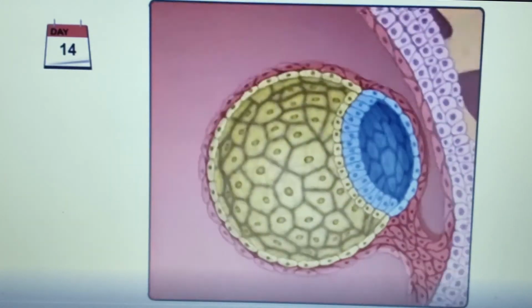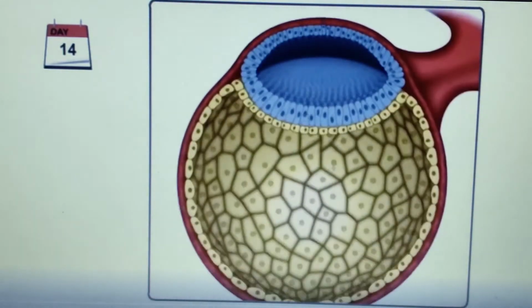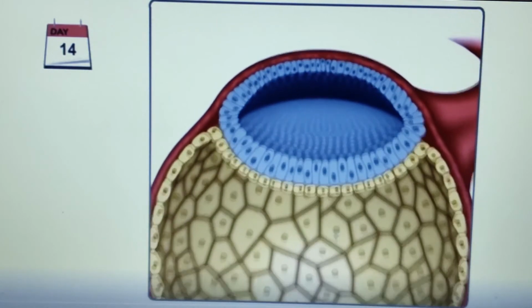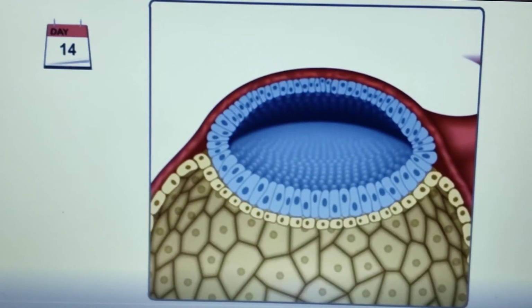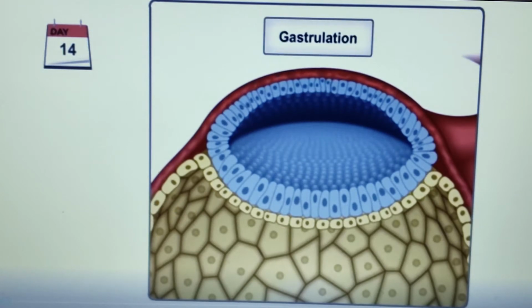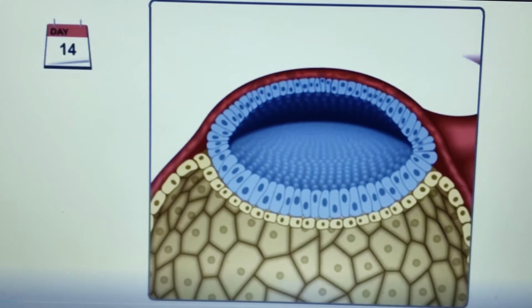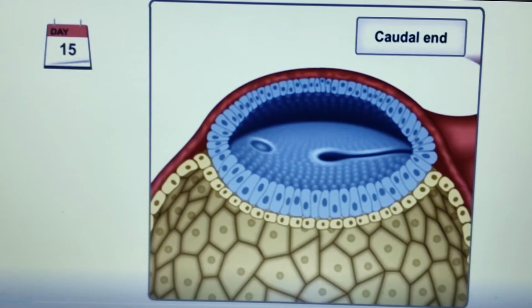Throughout the third week of development, the cells of this embryonic disc proliferate, differentiate, migrate and rearrange to form the three germ layers by a process called gastrulation. After 15 days of fertilization, another structure is formed, the primitive streak, towards the caudal end.